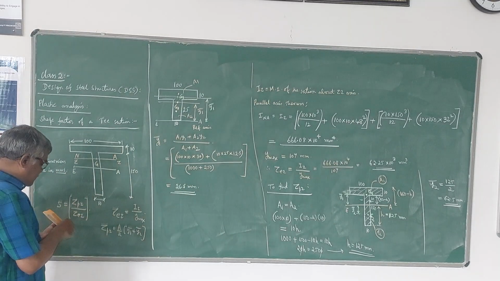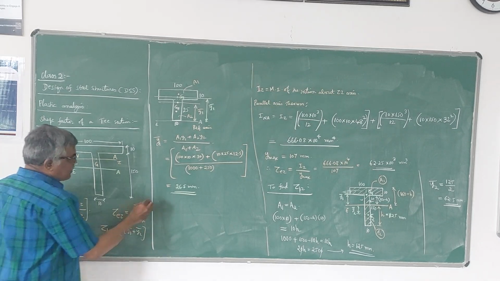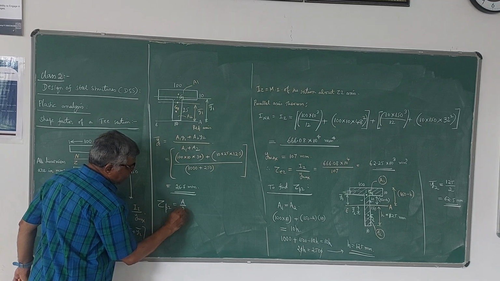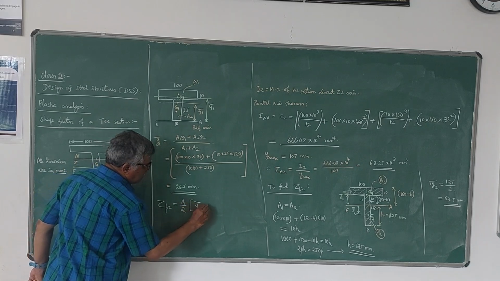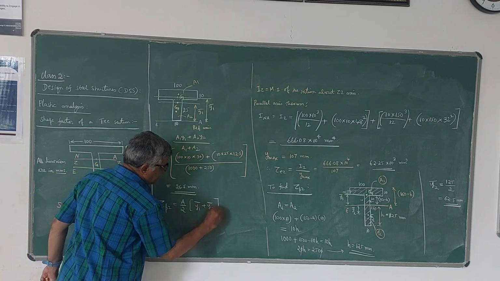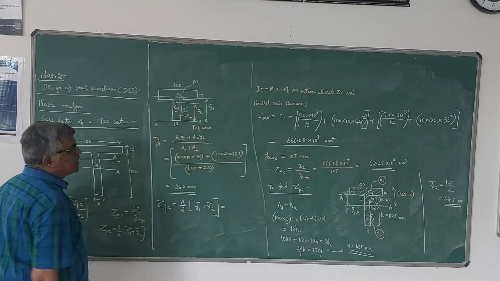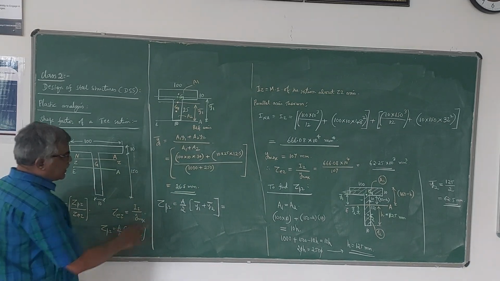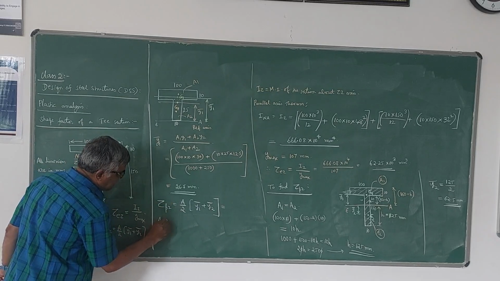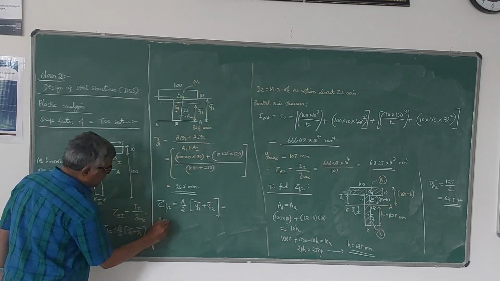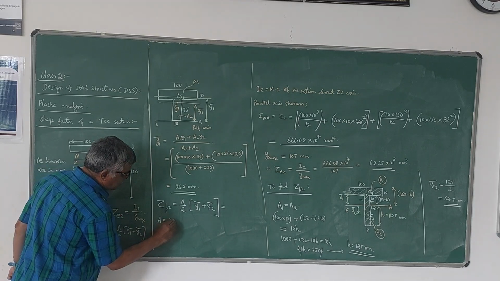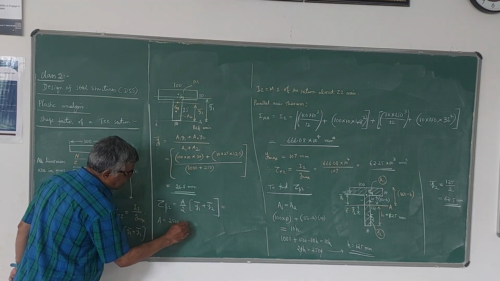You can substitute in the ZPZ formula. So your plastic section modulus ZPZ is equal to A by 2 into y1 bar plus y2 bar. Here, this A is the total area of this T section. So the total area of this T section A is given by 100 into 10 plus 10 into 150, which we have got as 2500, A1 plus A2.